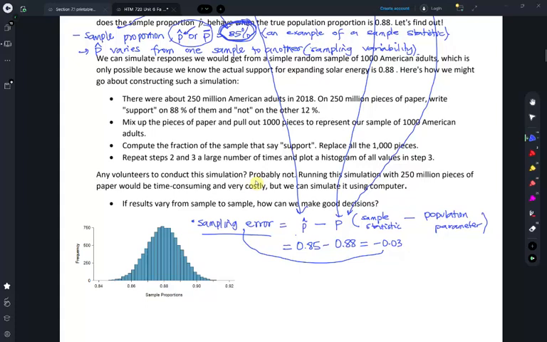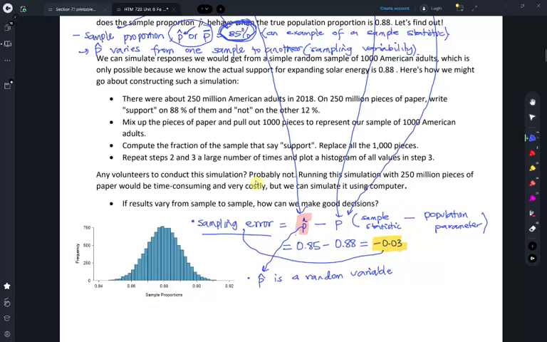Remember, the sample proportion will vary from one sample to another, which means by extension, the sampling error will also vary from one sample to another. In other words, your p-hat is a random variable, like we learned in earlier classes.